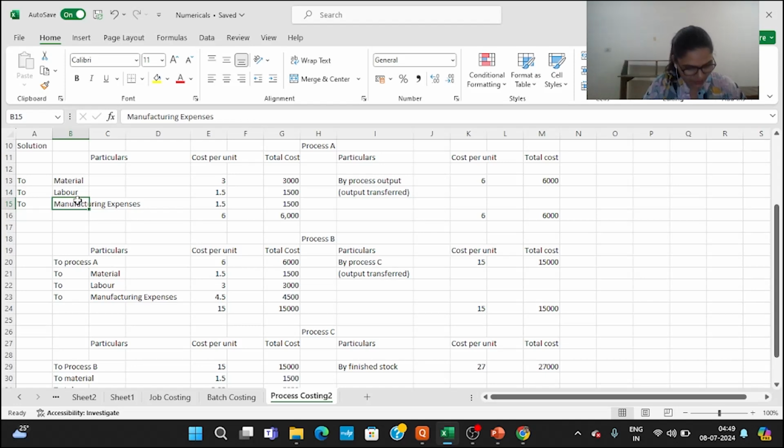The cost and quantity of abnormal gain is debited to the concerned process account where it has occurred. Then there is opening balance on the debit side, which we have not shown.